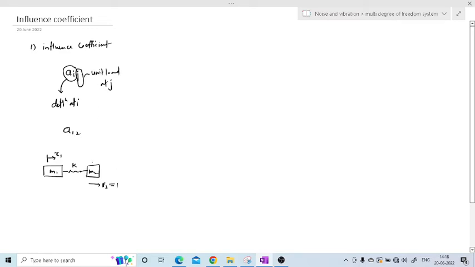So when I determine deflection at 1 due to load at 2, that influence coefficient is given by A12.